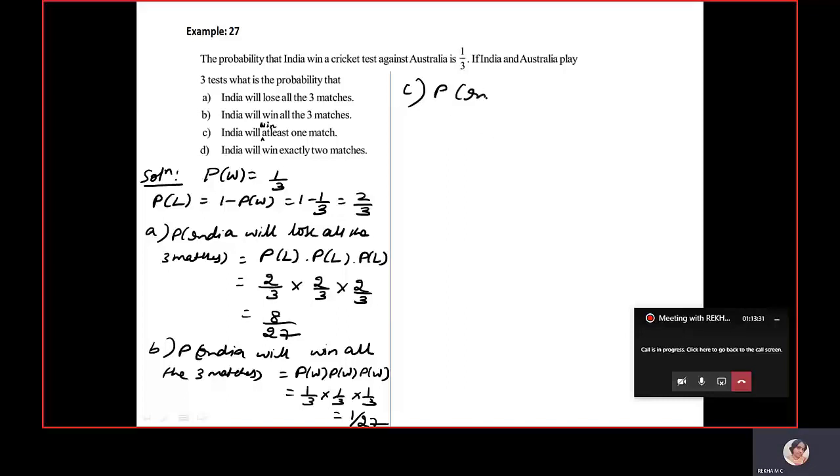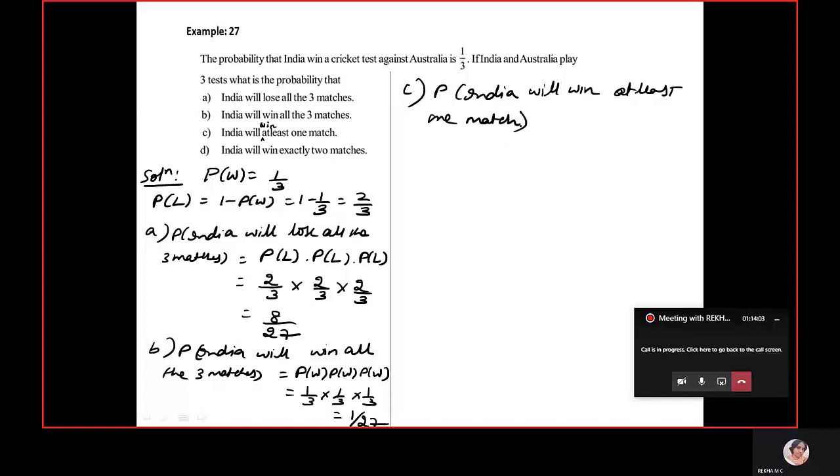So the probability of India will win at least one match. At least one match. So it can be one match, it can be 2 matches, it can be 3 matches.